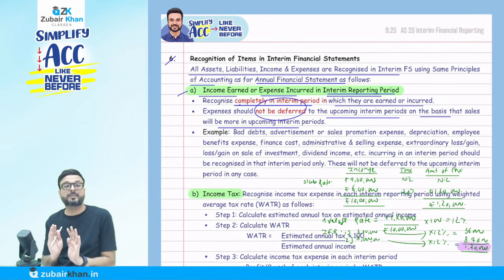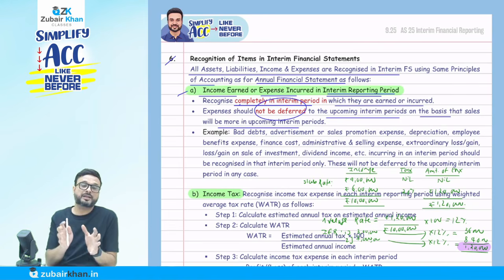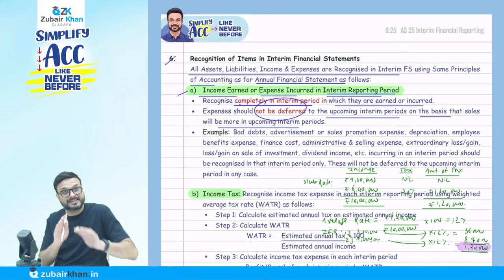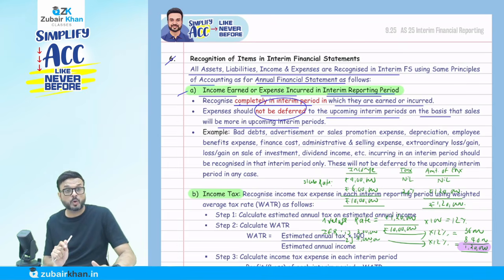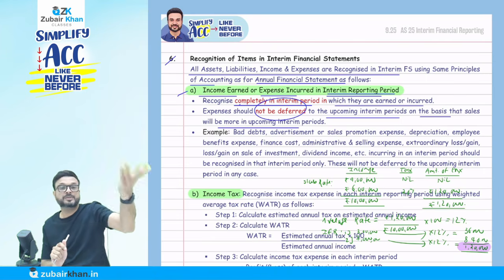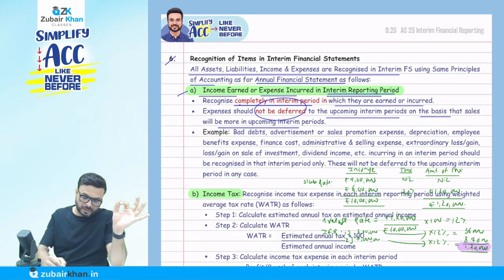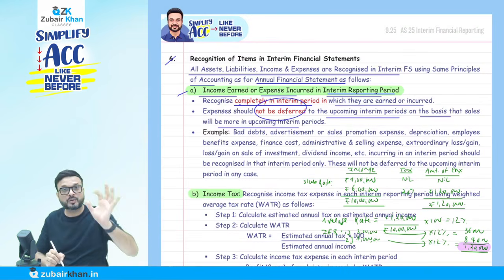When we recognize income and expense, in whatever period they have been incurred or earned, we have to recognize them in that period. We cannot say that we have more sales in the third quarter, so recognize more expense in the third quarter. No. Whenever you have earned or incurred, you have to recognize it in that particular period only.